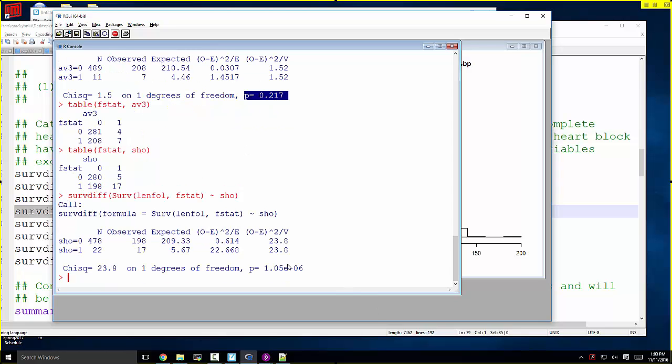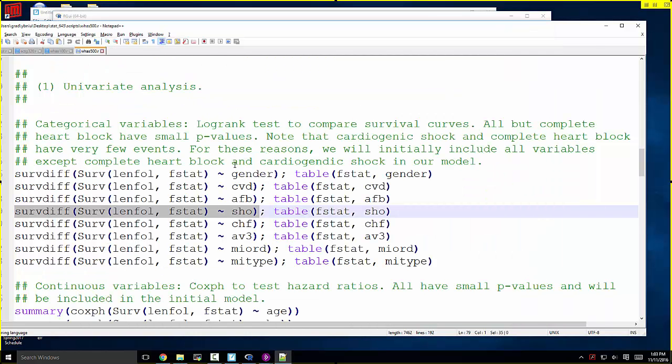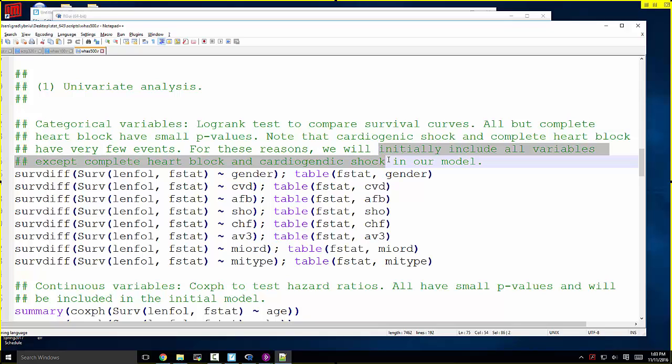SHO maybe is a little more controversial, removing it, but I'm pretty sure we will have computational issues if we don't. So I'm going to initially include all the variables that we just considered, all those categorical variables, except the two that we described, AV3 and SHO.